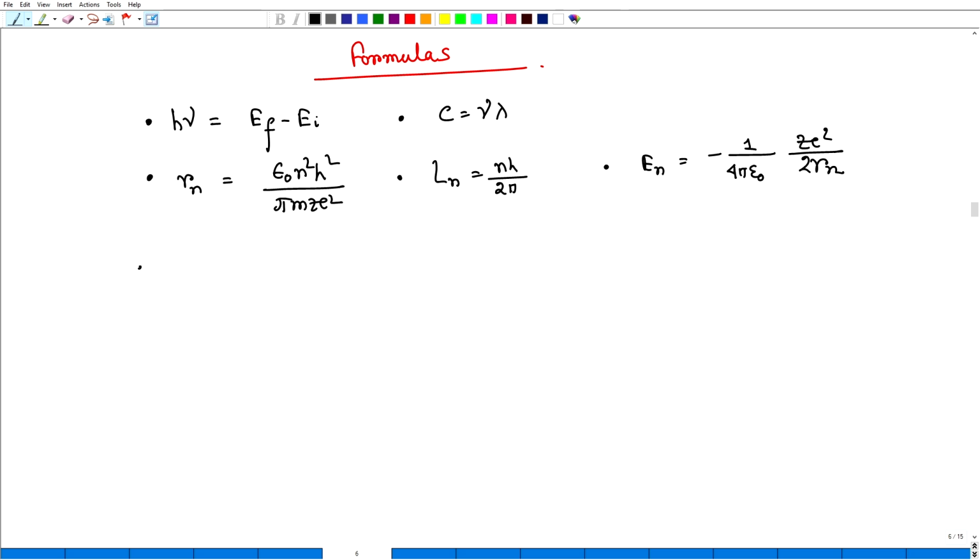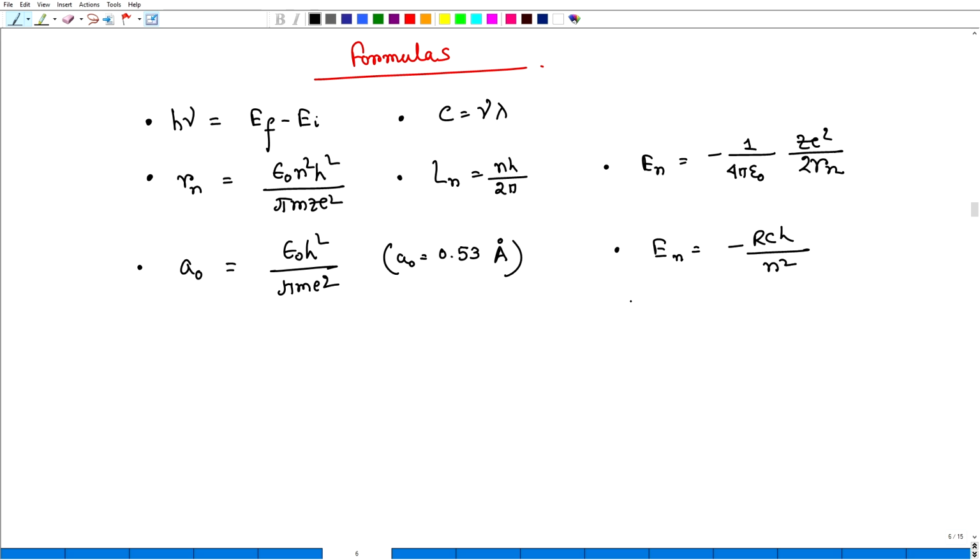Okay. Then we have to remember the first Bohr radius, that was epsilon naught h square divided by pi m e square. For the hydrogen atom it is 0.53 Angstrom. Also we can write E_n is equal to minus R c h by n square, where R is the Rydberg constant and R is m e to the power 4 divided by 8 epsilon naught square c h cube.